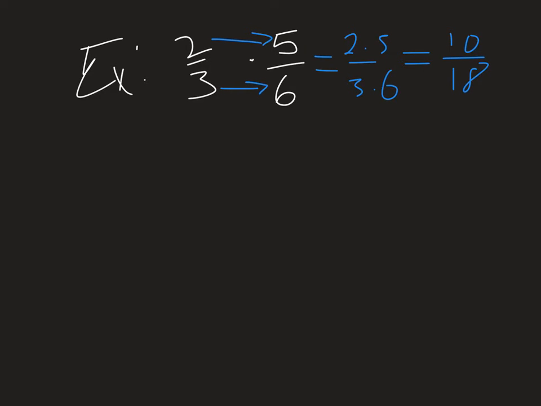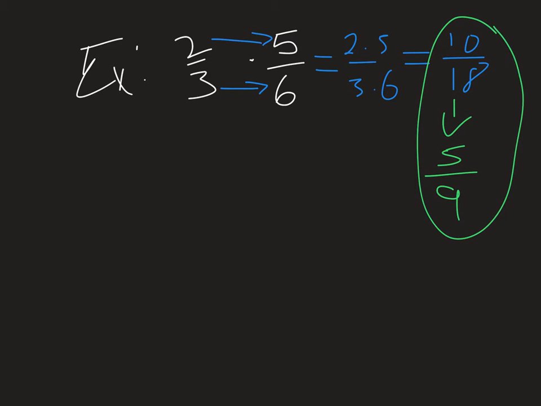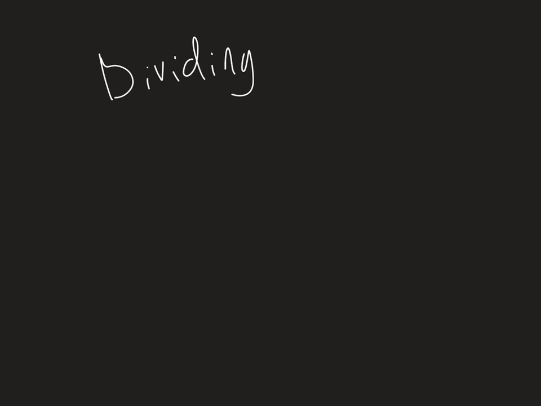And if we wanted to, we could reduce this down to 5/9, actually. Yeah, 9ths, not 8ths. So we'll make that adjustment really quick. So either of these would be fine. If it has to simplify all the way, you'll want to reduce. But we just go straight across. Pretty straightforward. Nothing too crazy for multiplying fractions.